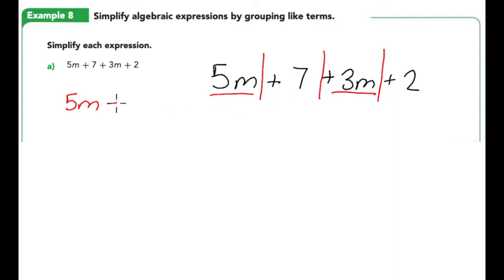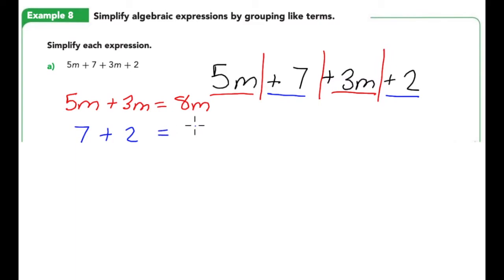So that would be 5m plus 3m. And when we simplify 5m and 3m, that leaves us with 8m. Now I'm going to look at the 7. That's a positive 7. And I'm going to look for any other constants. And we have a positive 2. So that would be 7 plus 2.